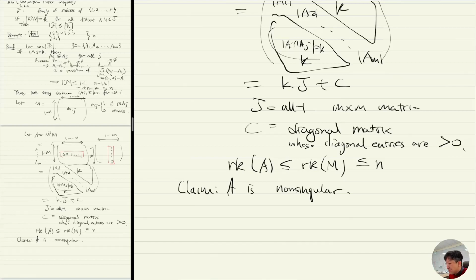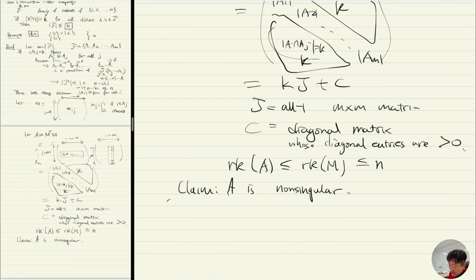Now we claim that A is non-singular. Why is that? Maybe this is probably an exercise on linear algebra. There could be many ways to prove that A is non-singular. I will show you one method.